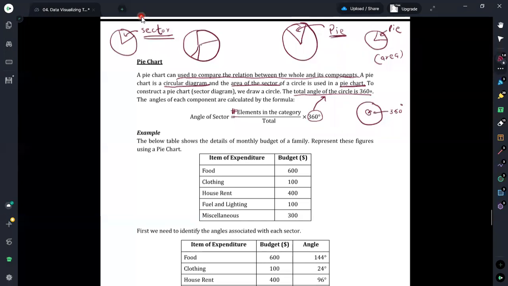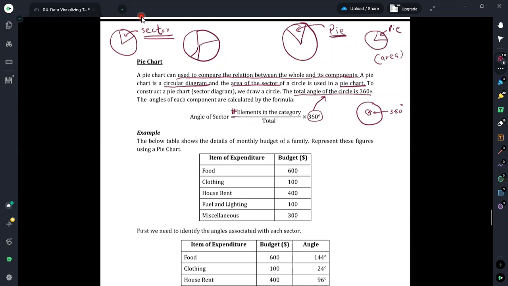Here they have identified 5 categories for the expenditures: food, clothing, house rent, fuel and lighting, and for miscellaneous they have allocated some amount as the expenditure.